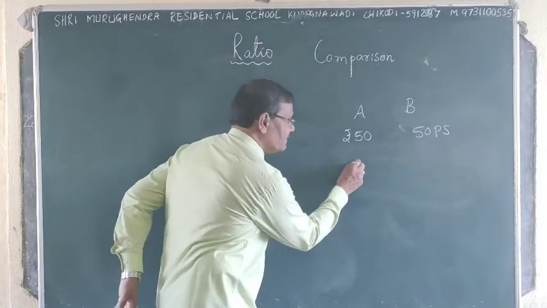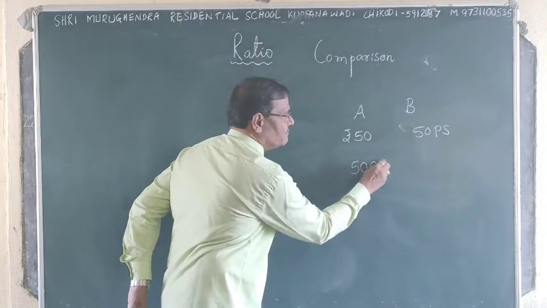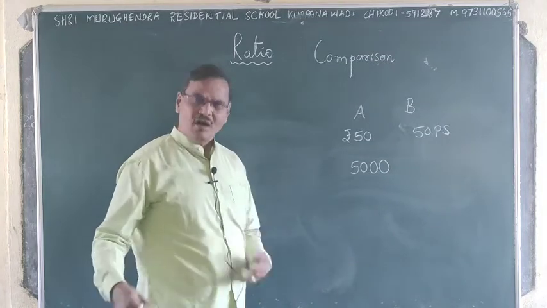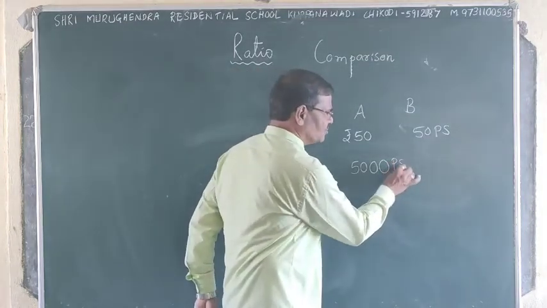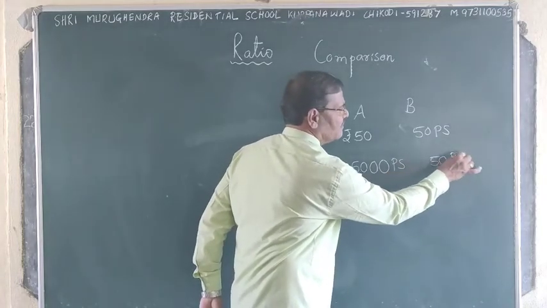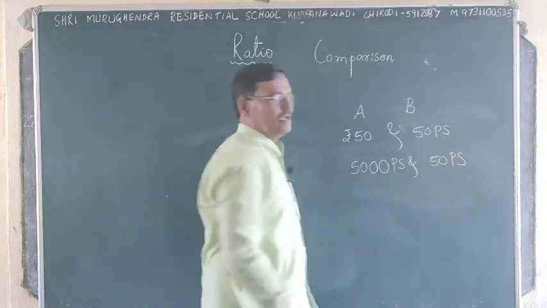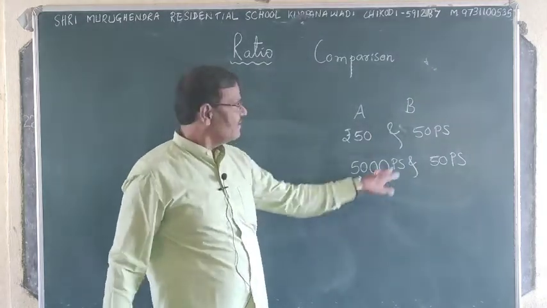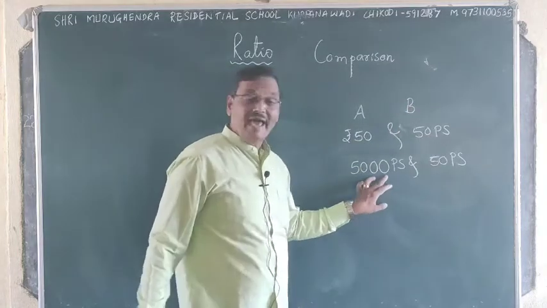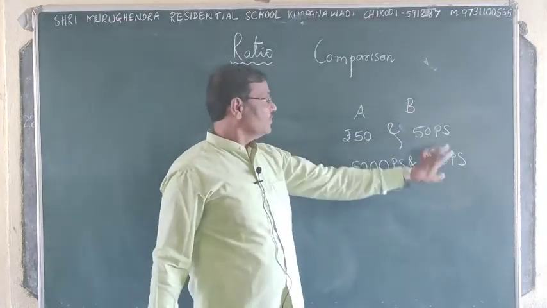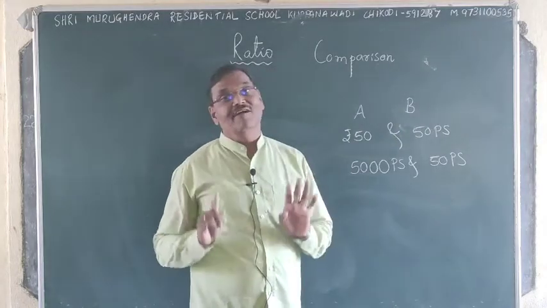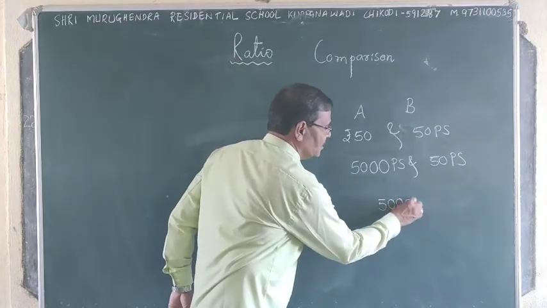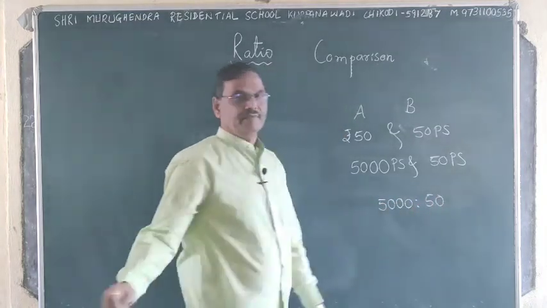Then what is 50 rupees? This is 50 into 100 paisa, that means 5000 paisa. And B has 50 paisa. So A has 5000 paisa, whereas B has 50 paisa. Then this is nothing but 5000 is to 50.